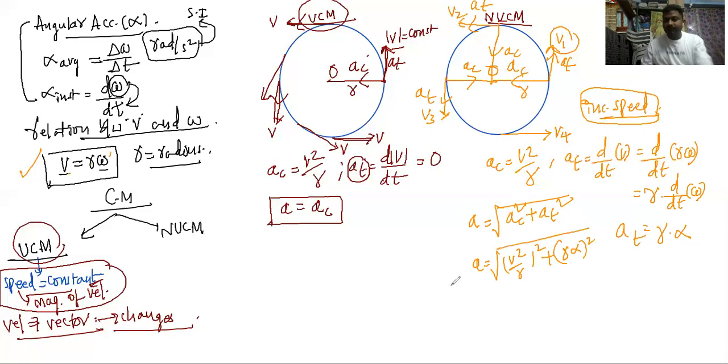Okay, clear? Now, here we have centripetal acceleration as v square by r. So this v square is (r omega) whole square by r, which is r square omega square by r.